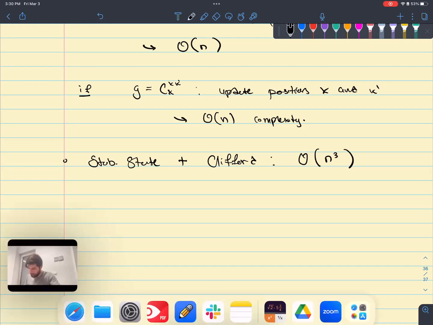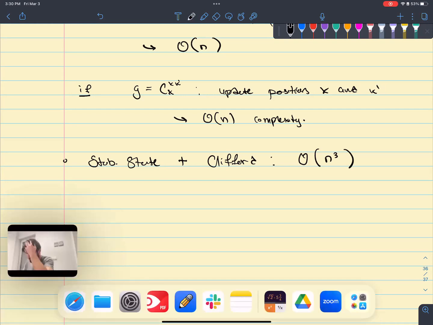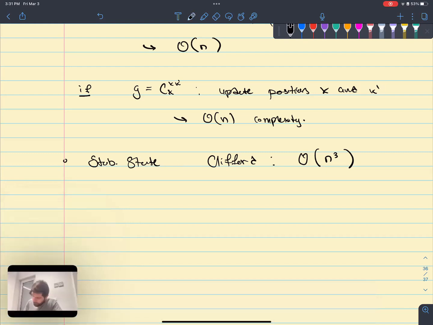Now I don't think that that's right. That's why I'm checking real quick. Okay, that's for a single operation, but what if I have more than one? Then maybe if I do m Cliffords, maybe it's something like m n cubed.